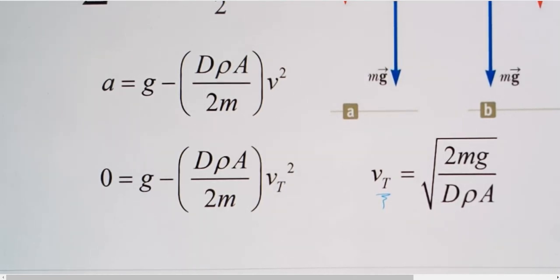Terminal velocity is constant. Meaning you don't accelerate forever in a free fall. The more you accelerate due to gravity, the faster you go, the more resistive force, until your resistive force is equal to the gravitational force.